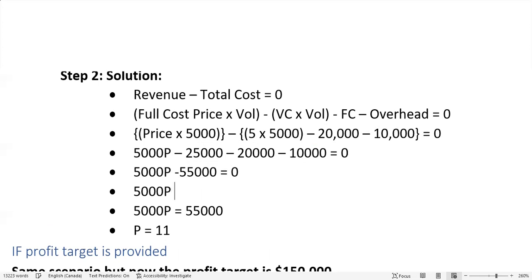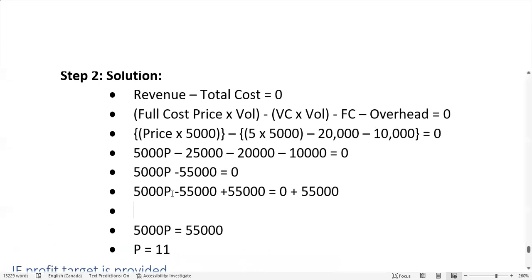We are adding 55,000 to each side of the equation, right? Equals 0 plus 55,000. At the end, you would have minus 55,000 plus 55,000, which is 0.